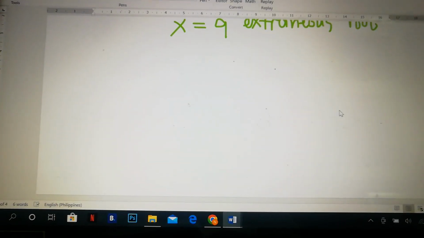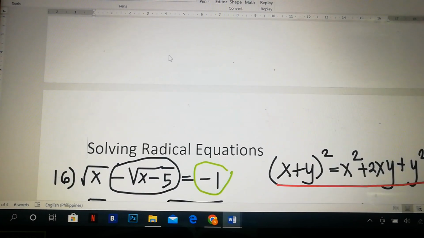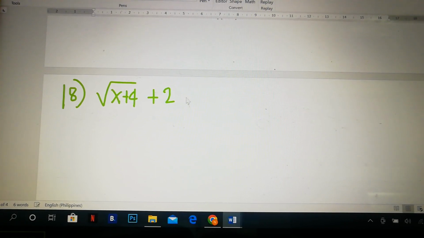Okay, so next, number 18. Number 18 is the square root of x plus 4 plus 2 is equal to square root of x plus 20.